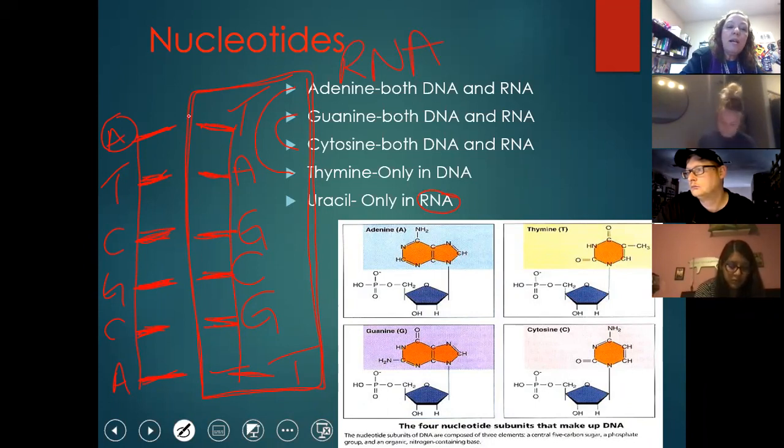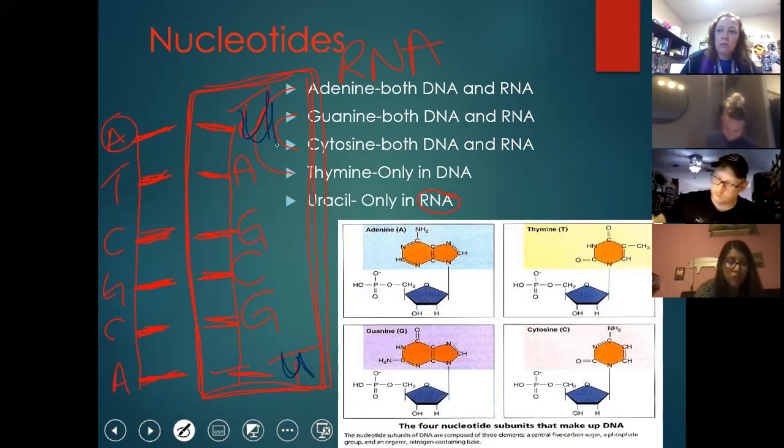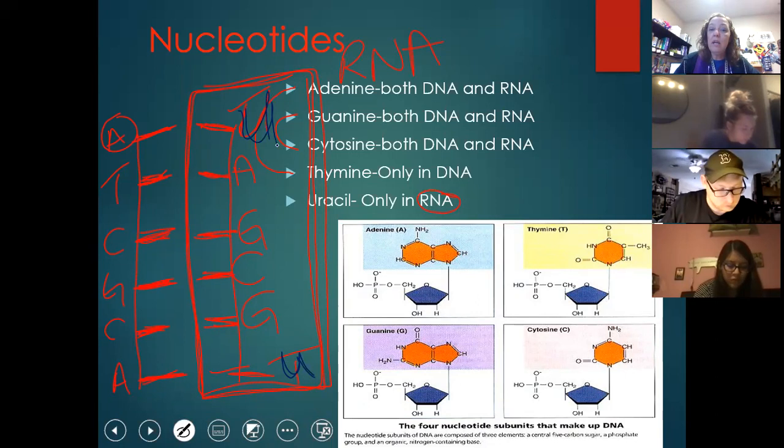But the thing is, when I detach this, our thymine converts into uracil. So thymine, if you want to think about it super simply, is only thymine when it's bonded with adenine.